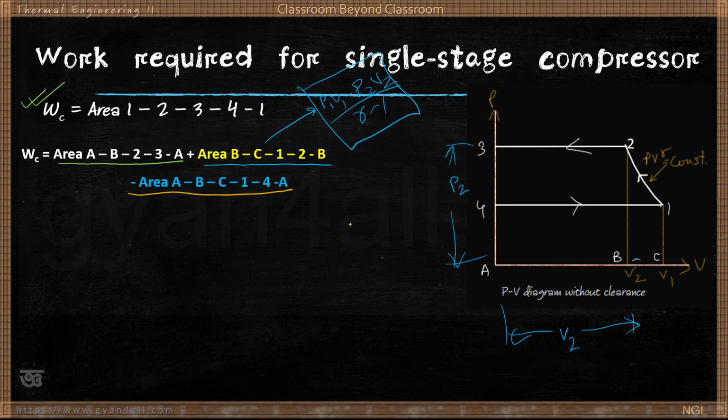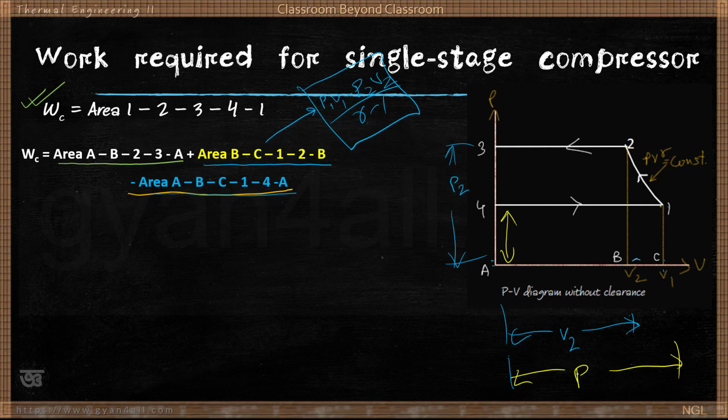BC12B. Now, you tell me what is this area? ABC14. So that is what? AC. That will be equal to AC multiplied by this.